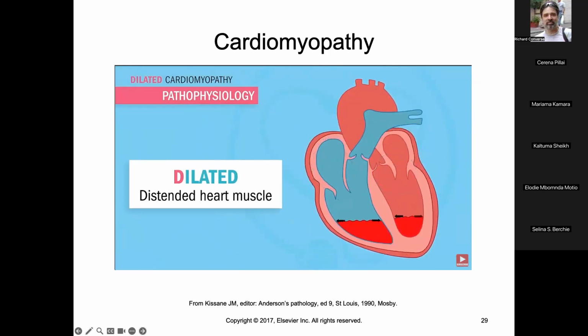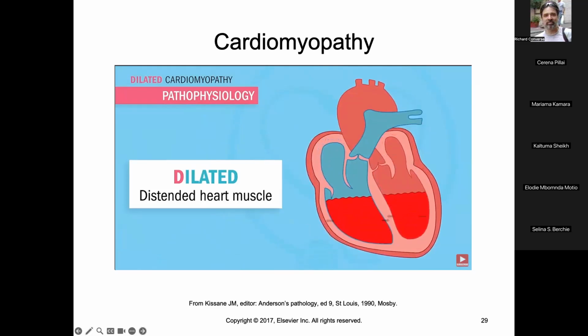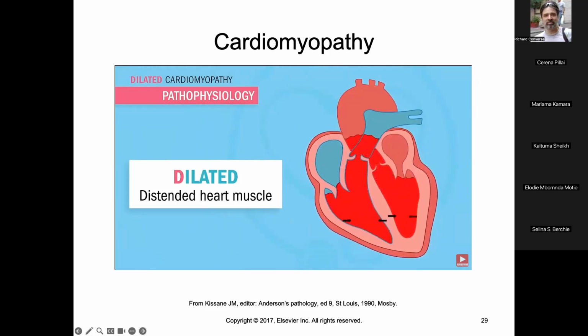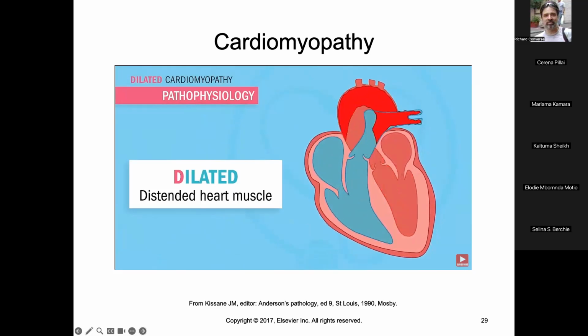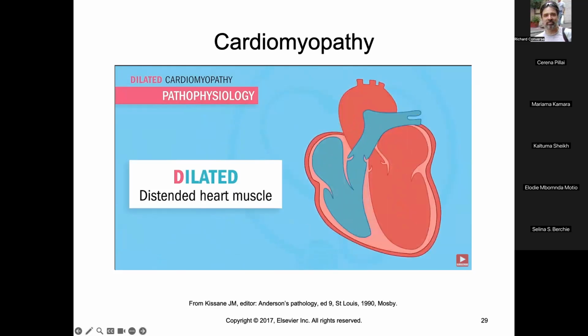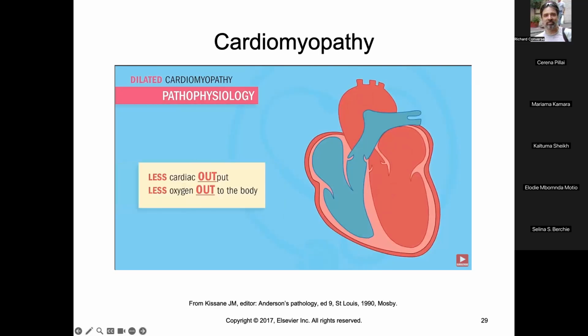This results in a weaker contraction, basically not an effective pump, or no effective systolic squeeze for our blood pressure. And this leads to pump failure, specifically systolic heart failure, where the blood doesn't go forward and now backs up into the lungs and or body. And when blood backs up, again, this means less blood being pumped out of the heart to the body. And again, this is called less cardiac output, meaning less oxygen to the body.